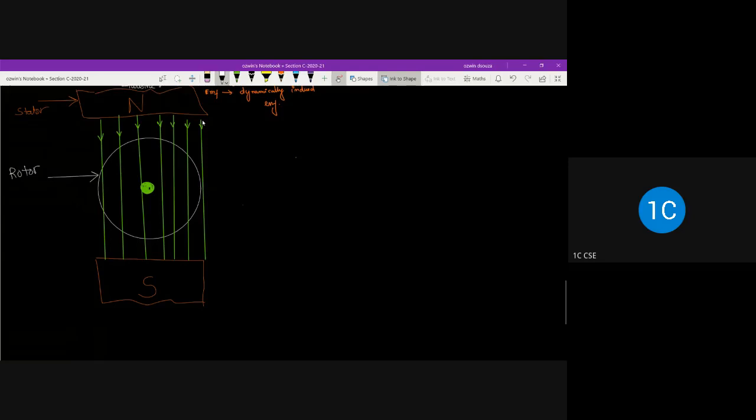Now let us consider the case of a single conductor. Let us say that a single conductor is placed in position 1.